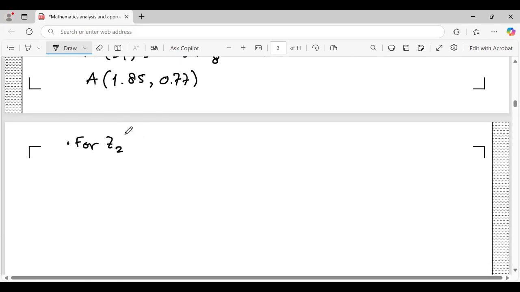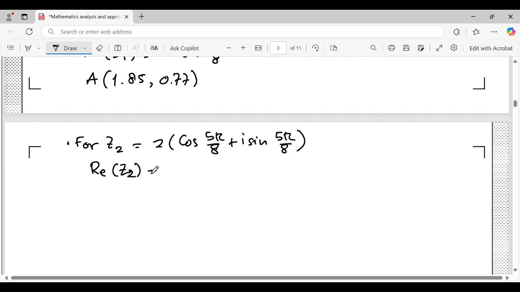Okay, for Z2, Z2 equals 2 cosine 5 pi over 8 plus I sine 5 pi over 8. The real part of Z2 is 2 cosine 5 pi over 8, and if you calculate this, the result is minus 0.77.